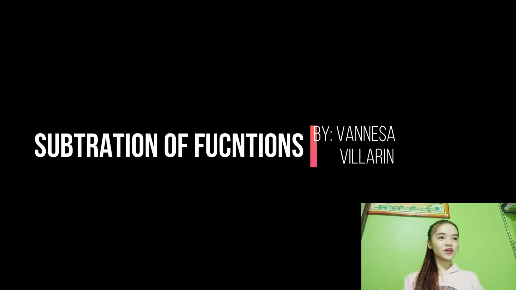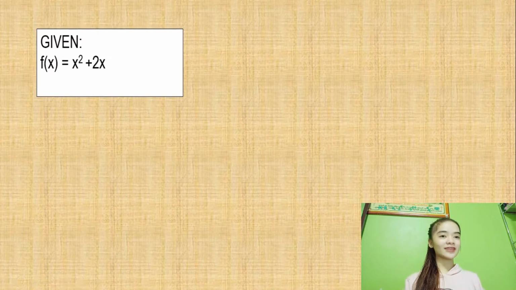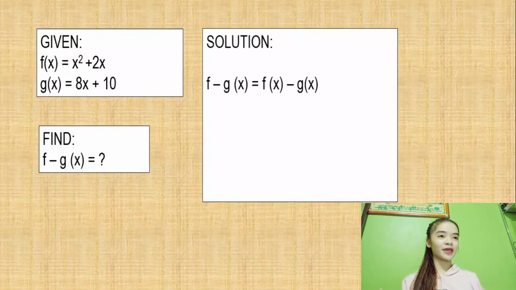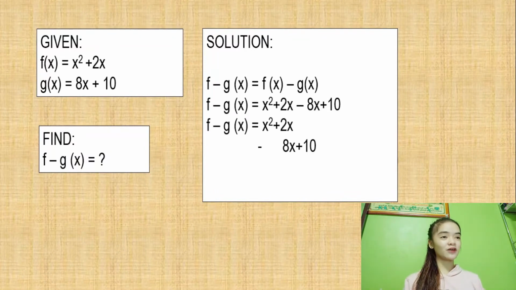Now let's have subtraction of functions. Given f of x is equal to x squared plus 2x and g of x is equal to 8x plus 10, we are to find f minus g of x. So f minus g of x is equal to f of x minus g of x. Our f of x is x squared plus 2x minus our g of x, which is 8x plus 10.